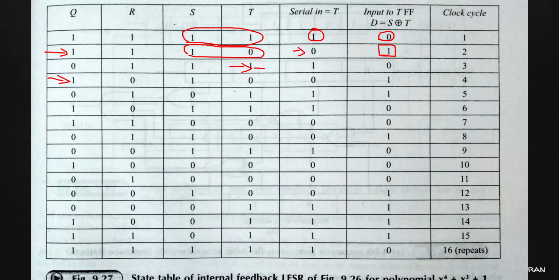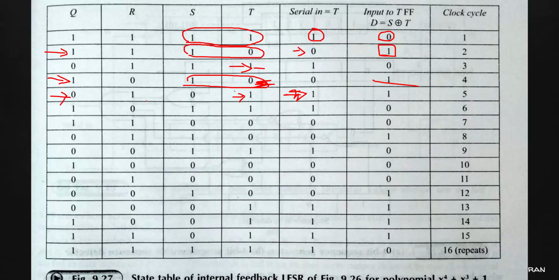Okay, again we need to XOR these two together. 1 XOR 0 is 1. This 1 forms the input of your last flip-flop in the next clock pulse, and the previous value of your last flip-flop forms the input of your first flip-flop in the next clock pulse.